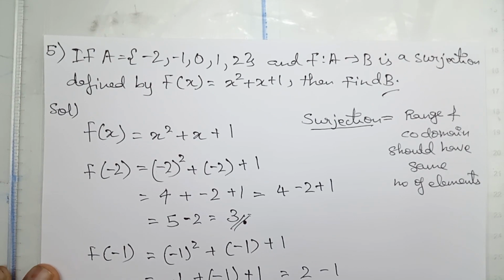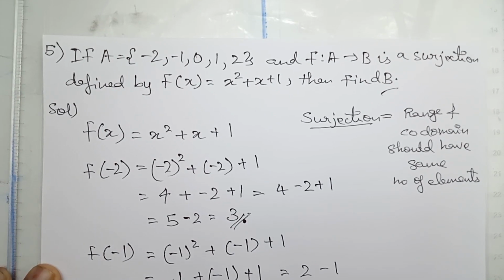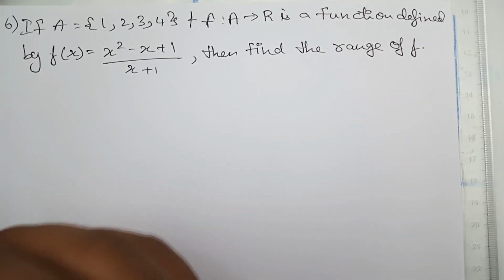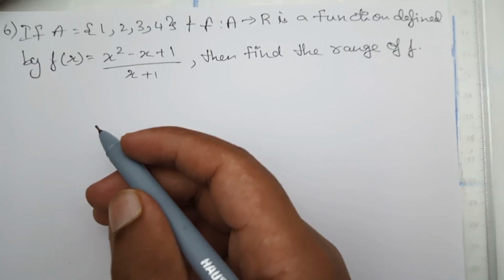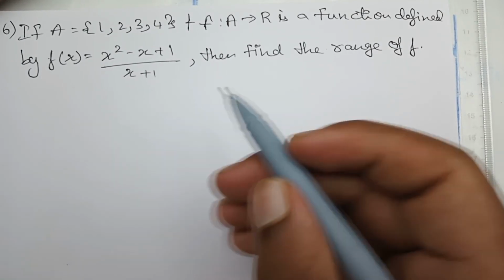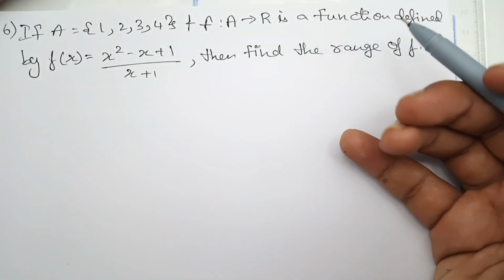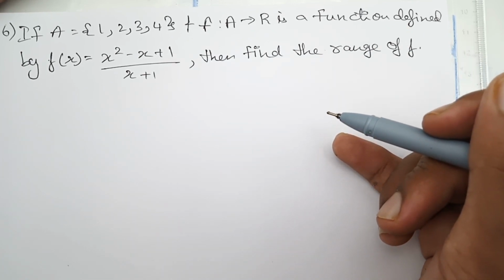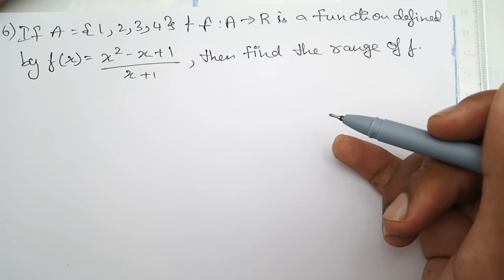Now we are going to do the next one, the sixth problem. The sixth problem is: if A is equal to 1, 2, 3, 4 and f maps A to R is a function defined by f of x is equal to x square minus x plus 1 by x plus 1, then find the range.